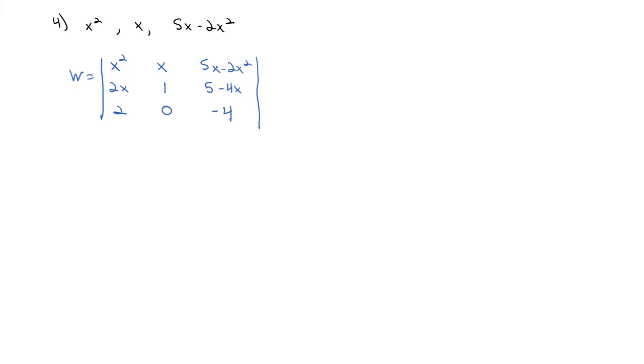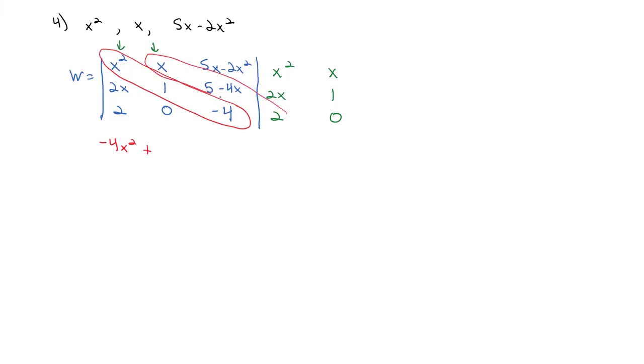Not 0, they're independent. Well, the trick with 3 by 3 matrices is I can repeat the first and second row to get x squared and x, 2x and 1, 2 and 0. And the downhill diagonals I'm going to make positive. The uphill diagonals I'll make negative. So we first have negative 4x squared plus, multiplying the other diagonal, 2x times 5 minus 4x.